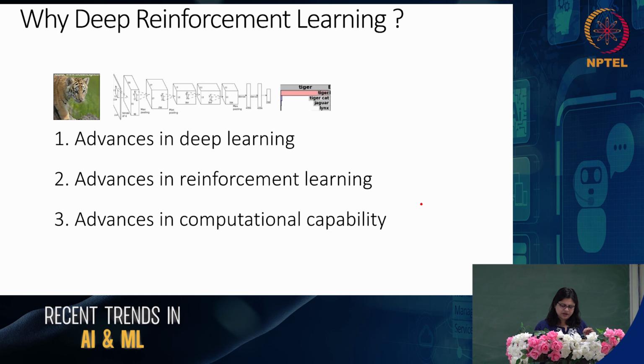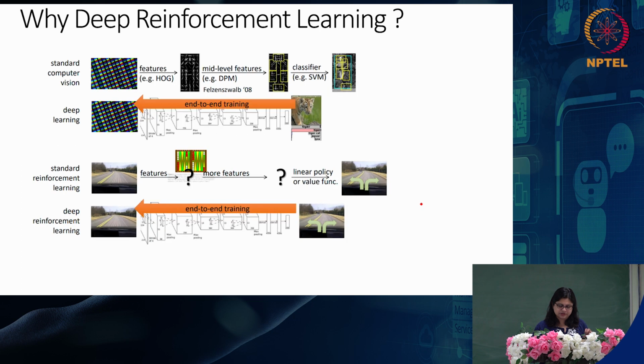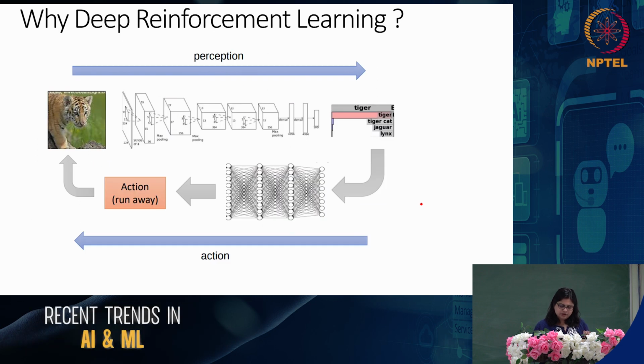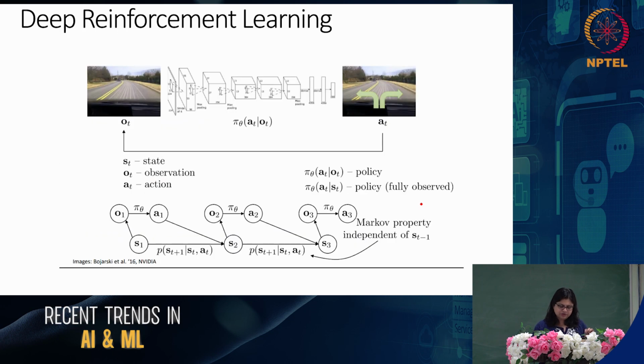You understand that there is much advancement in deep learning, and also advancements in reinforcement learning and in computational capability. We now have GPU capabilities, and also we can do end-to-end training. That is another advantage. So that's why deep Q learning is now introduced.